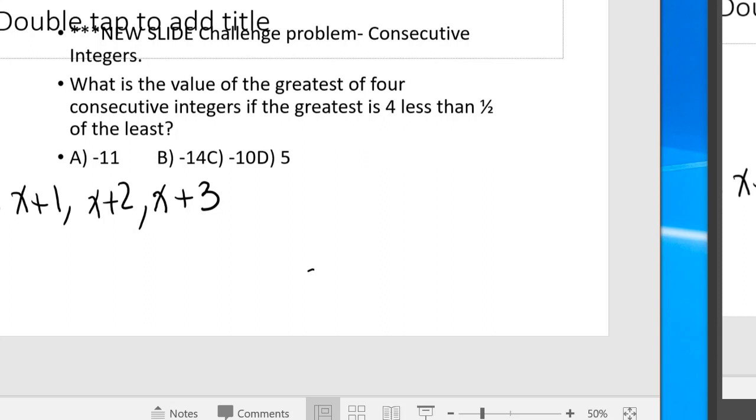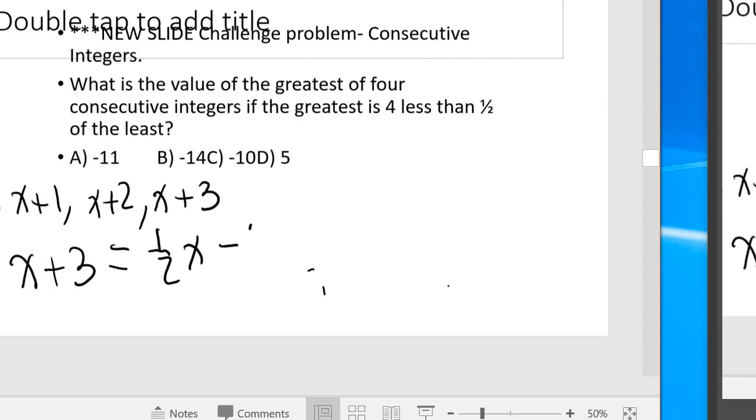X plus 3. So x plus 3 is equal to 4 less than 1/2 of the least. What's the equation for 4 less than 1/2 the least? 1/2 x minus 4.